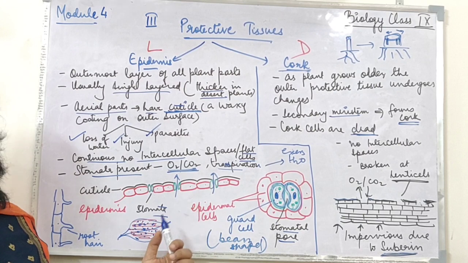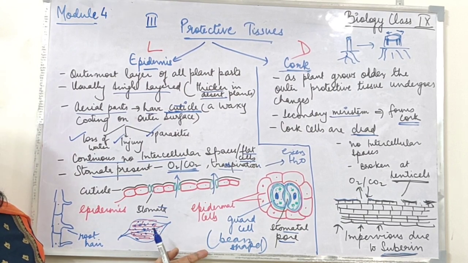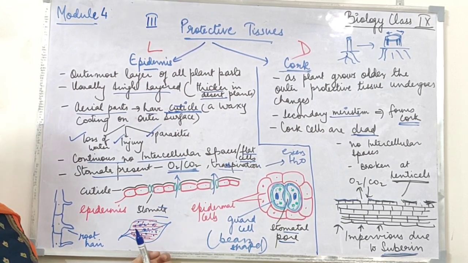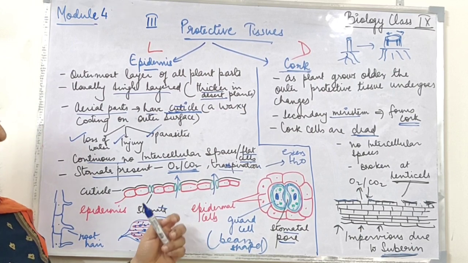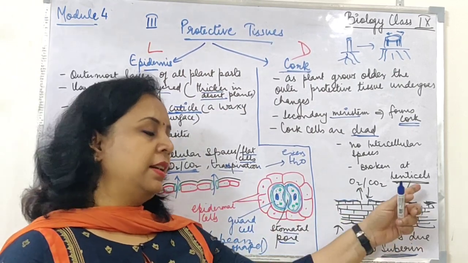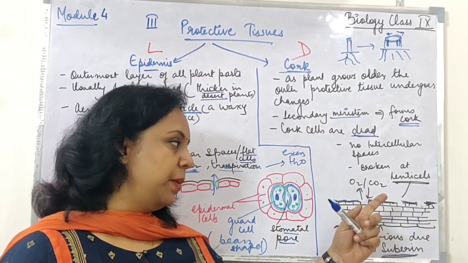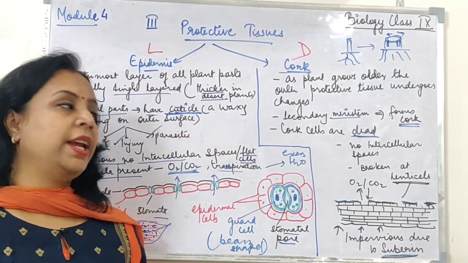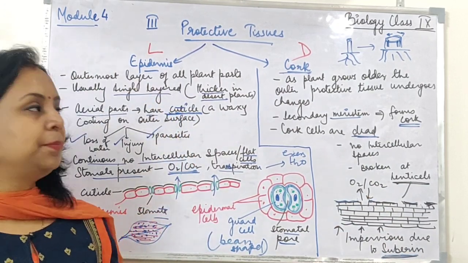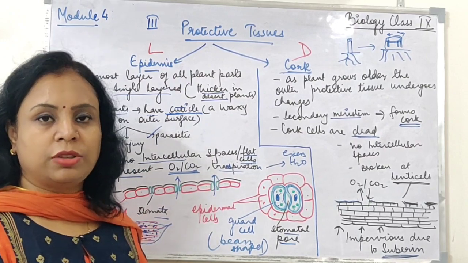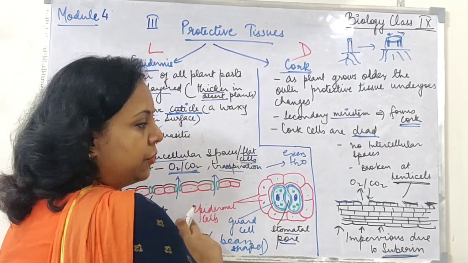Over here we have seen in epidermis, we saw that stomata are present, and over here lenticels are present which may allow the exchange of gases but not the loss of water through transpiration, which is the role of stomata.